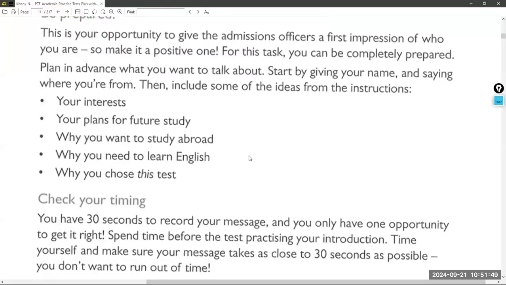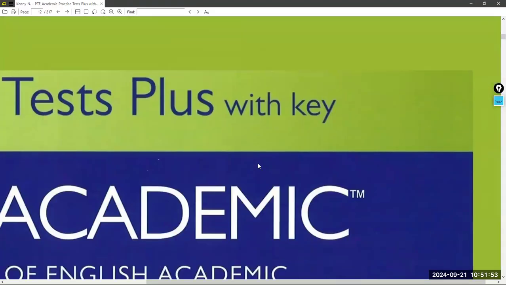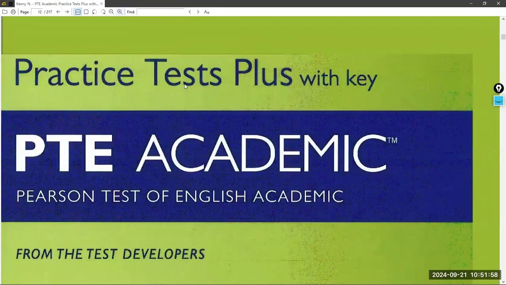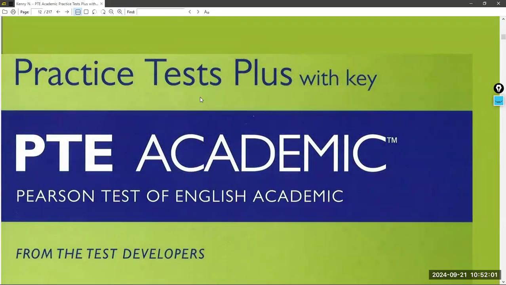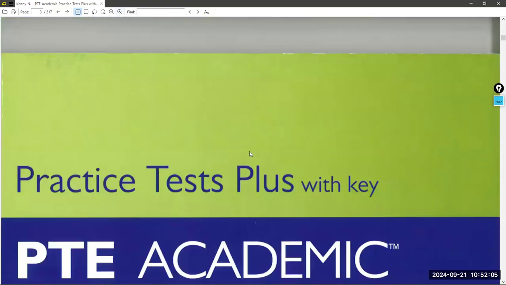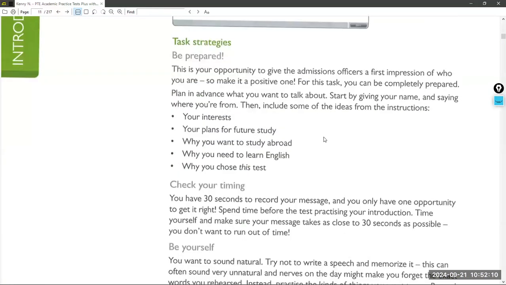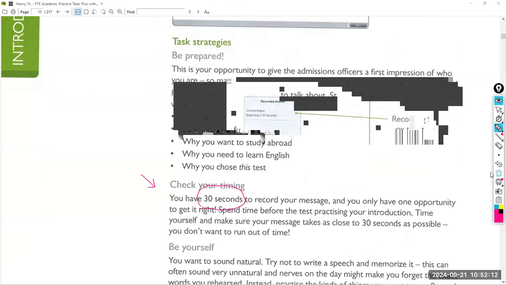Now let's go back to our page. So this is about the introduction. As we said, Dahlia, I'm going to give you the chance to practice saying your introduction. You have till tomorrow. These are the questions that you have to prepare. Question number one is your interests. Question number two, about your plans in the future. Question number three, about the reason.